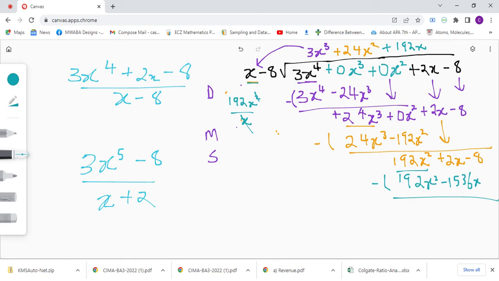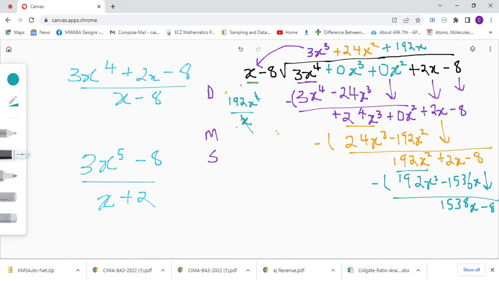We get 1538x. We bring down our minus 8 here.